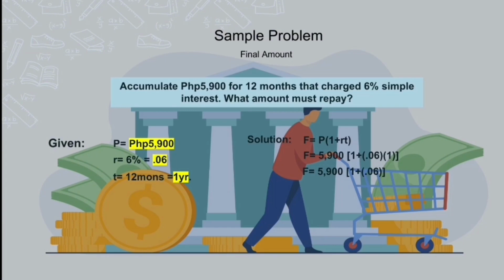So we have 1 plus 0.06 times 1. Just copy, because 0.06 times 1 is equal to 0.06. And then we need to add the 1. So we have 5,900 times 1.06. And when we multiply that, we will have the final amount, which is 6,254 pesos. So that's all that we needed to do to find the final amount.